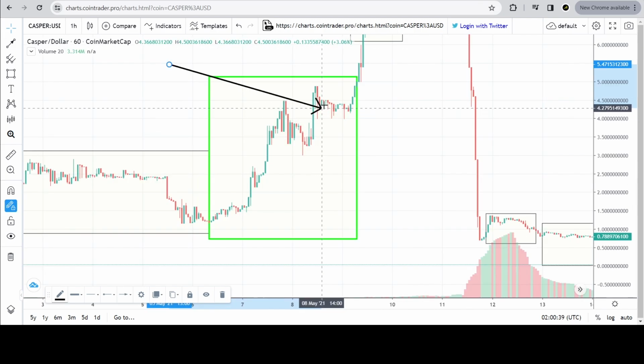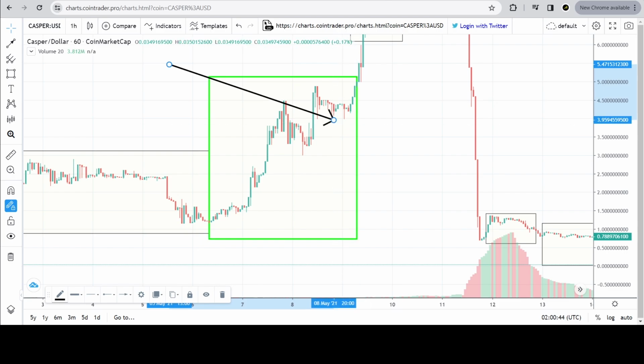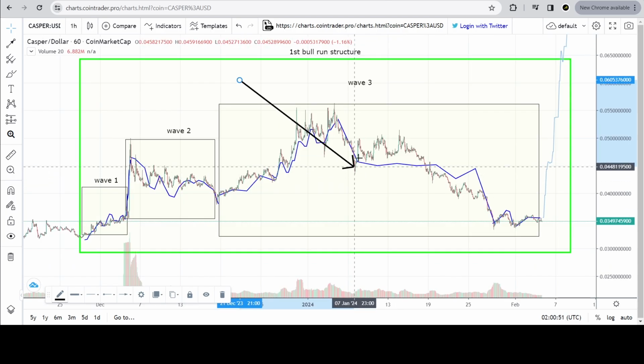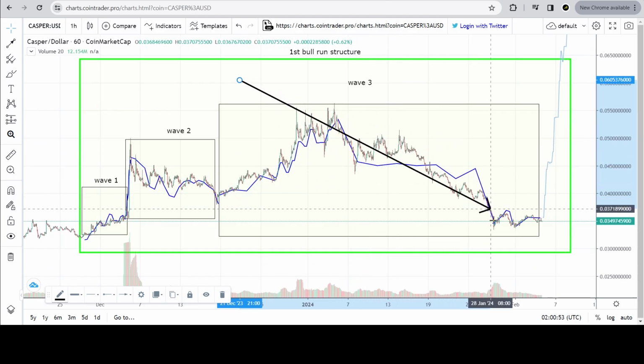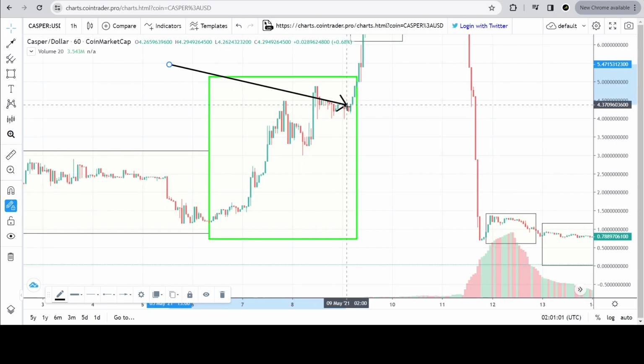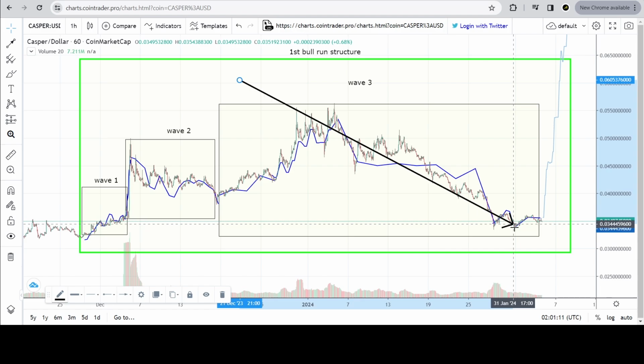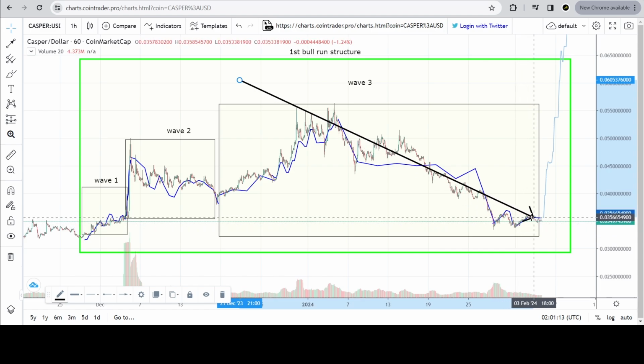After this dip, it moves back up and does another dip right here. After this dip, it moves up and comes to another dip right here. And then lastly, it does this bounce right here and this little part of the bounce.